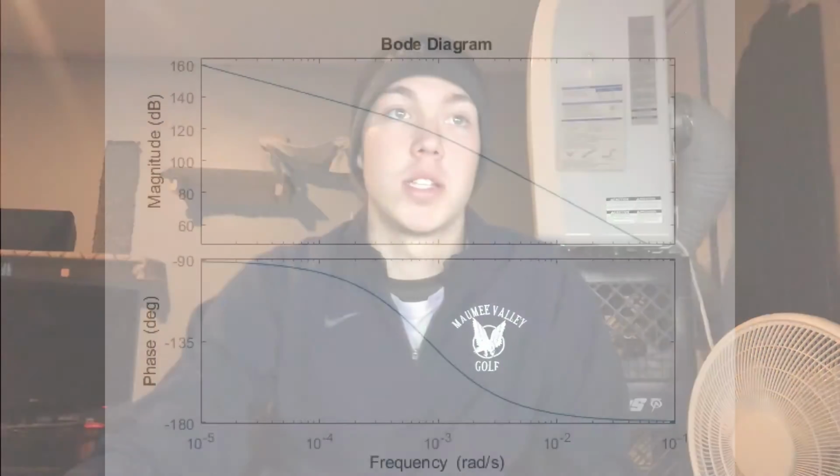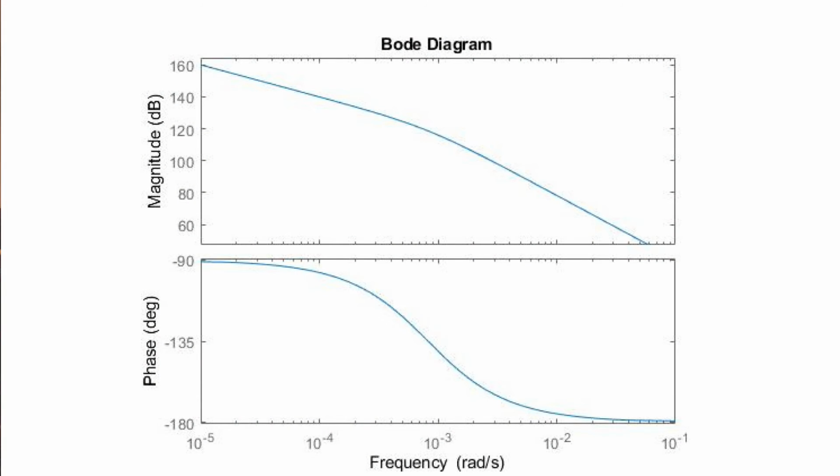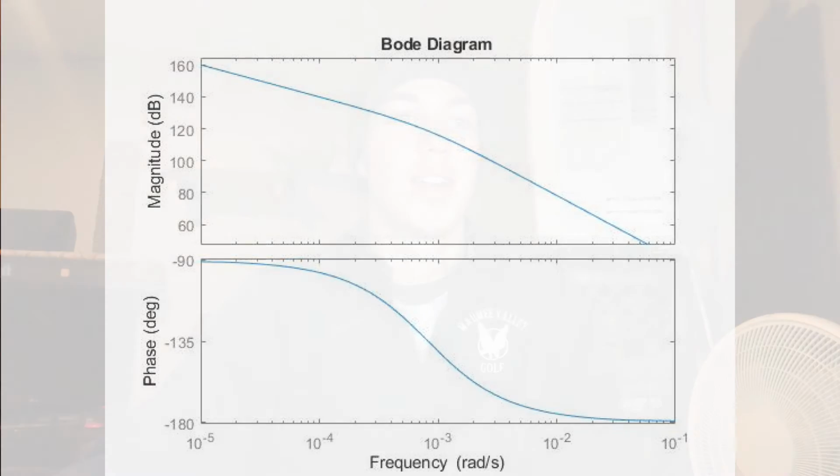To analyze the robustness of our controller, we produced a Bode plot to see the gain and phase margins in MATLAB. The tf, bode, and margin functions can be used to create a transfer function, create a Bode diagram, and receive the gain and phase margins and the radians per second, the frequency, that they happen at.